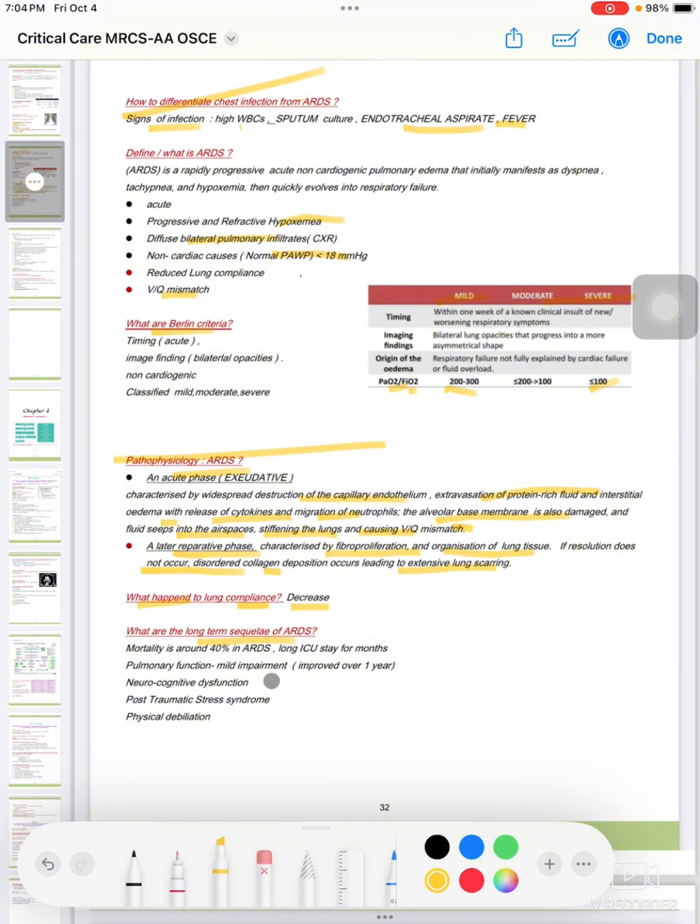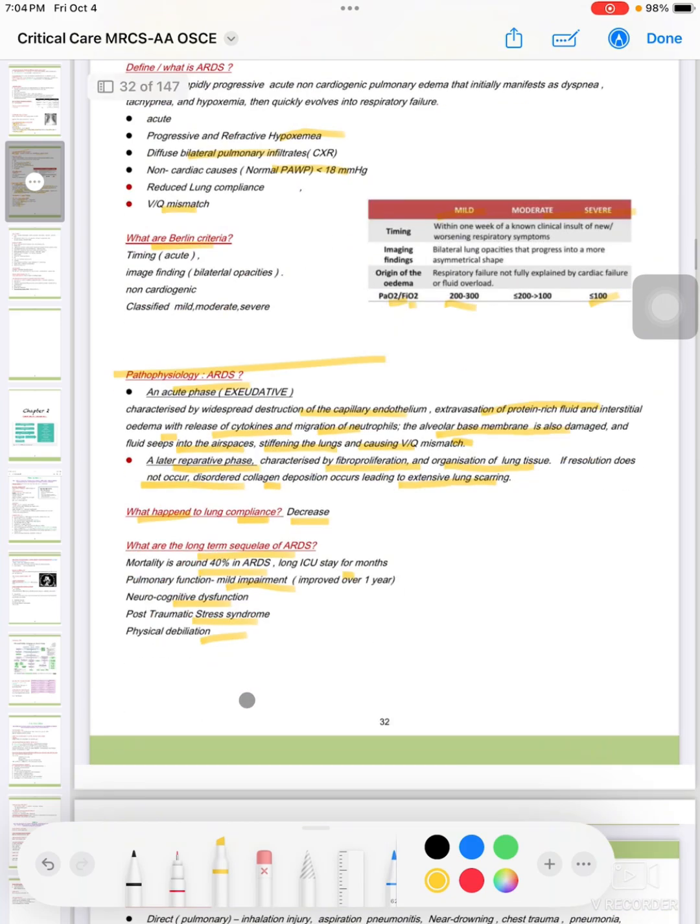The mortality rate is around 40%. So long ICU stay for months, pulmonary function mild impairment occurs, neurocognitive dysfunction and post-traumatic stress syndrome also occur, and physical rehabilitation may be required.